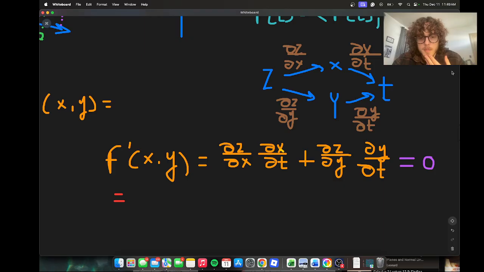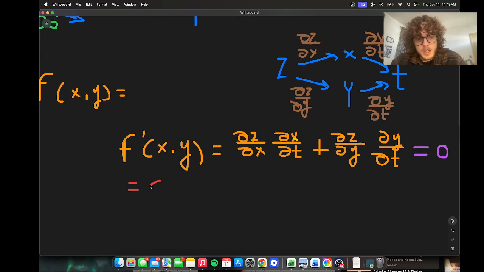So the derivatives with respect to t go with each other, and the derivatives of the function with respect to each intermediate variable go together. So let's just clump them together as a dot product of the two.